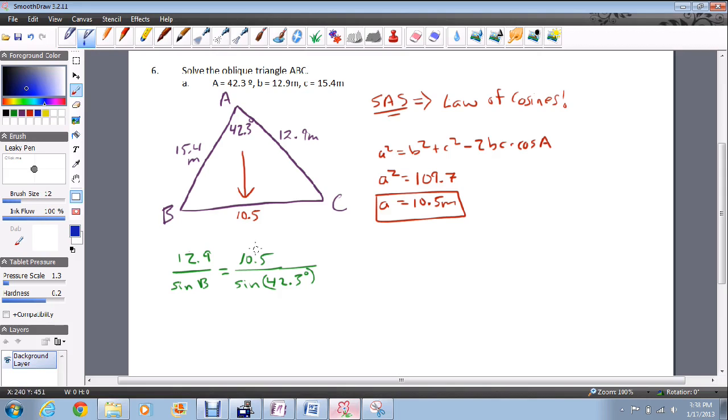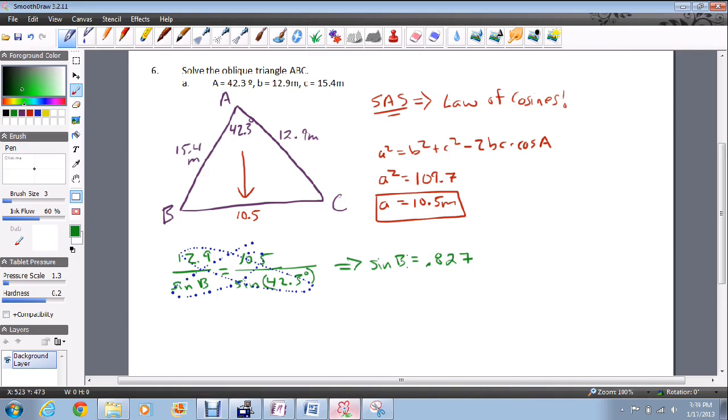So if we go ahead and cross multiply those two values, and then go ahead and divide, we should get sine of b is equal to 0.827. Again, make sure you're in degree mode when you're doing this.